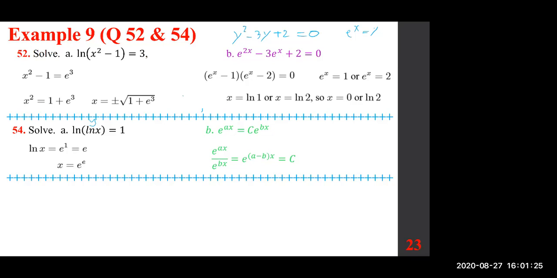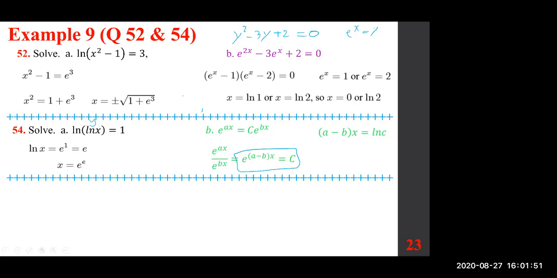And we are going to change this from exponential to logarithmic format, because we want to go to x. So you can say ln of the left side is ln of the right side. ln of the left side becomes a minus b times x, and ln of the right side is c.